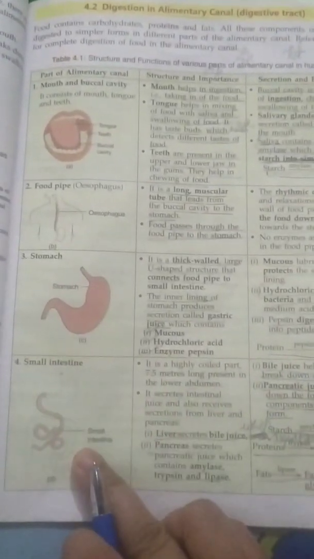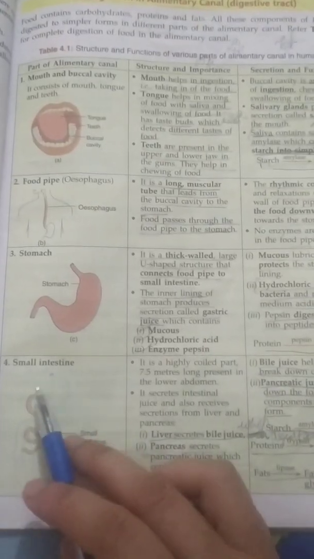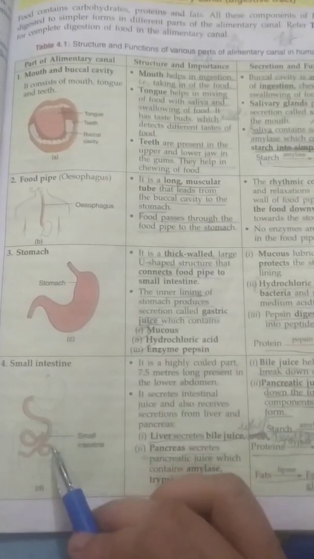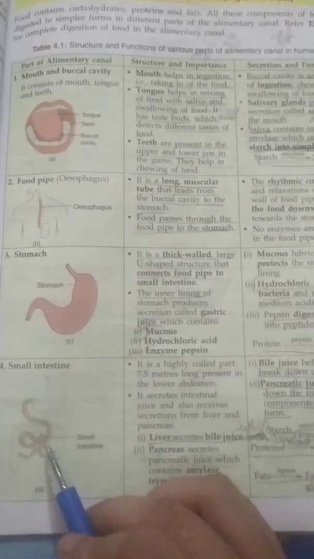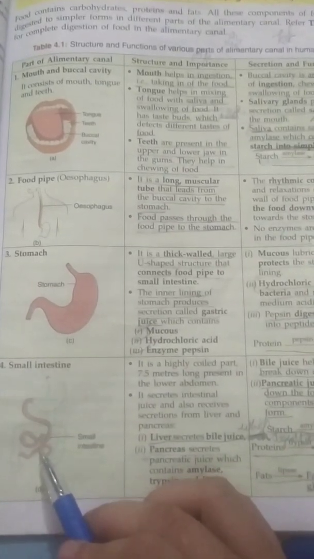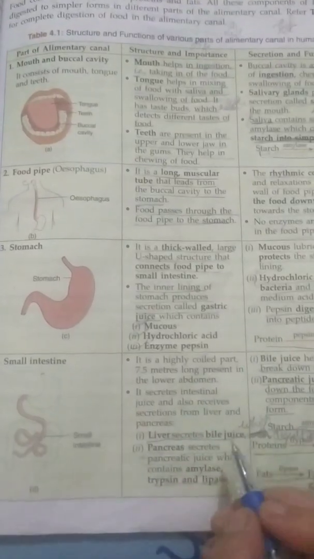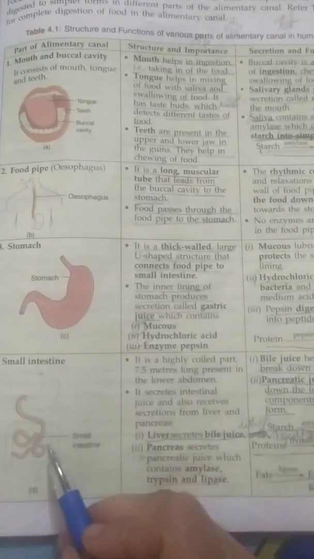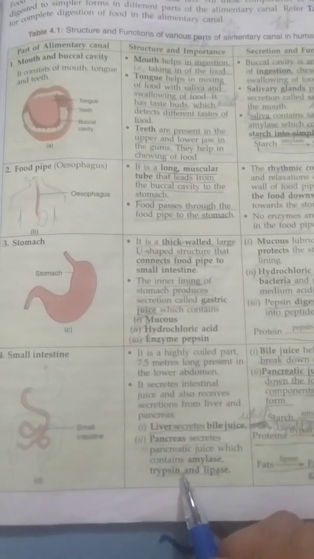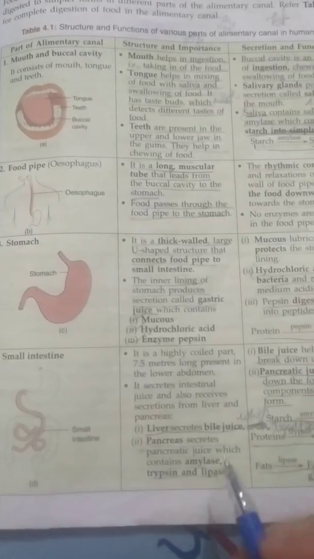The fourth one is the small intestine. It is a highly coiled part, almost 7.5 meters long, present in the lower abdomen. It secretes intestinal juices and also receives secretions from the liver and pancreas. The liver secretes bile juice, whereas the pancreas secretes pancreatic juice containing amylase, trypsin and lipase.